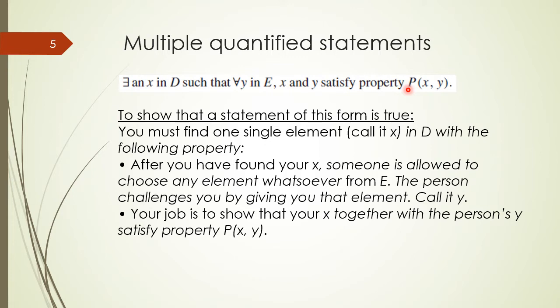In order to understand the formation of such a statement, let us consider a domain of students in section D, and another domain of students in section E. X represents the CGPA of a student in section D, and Y represents the CGPA of a student in section E, and the predicate is X greater than Y.